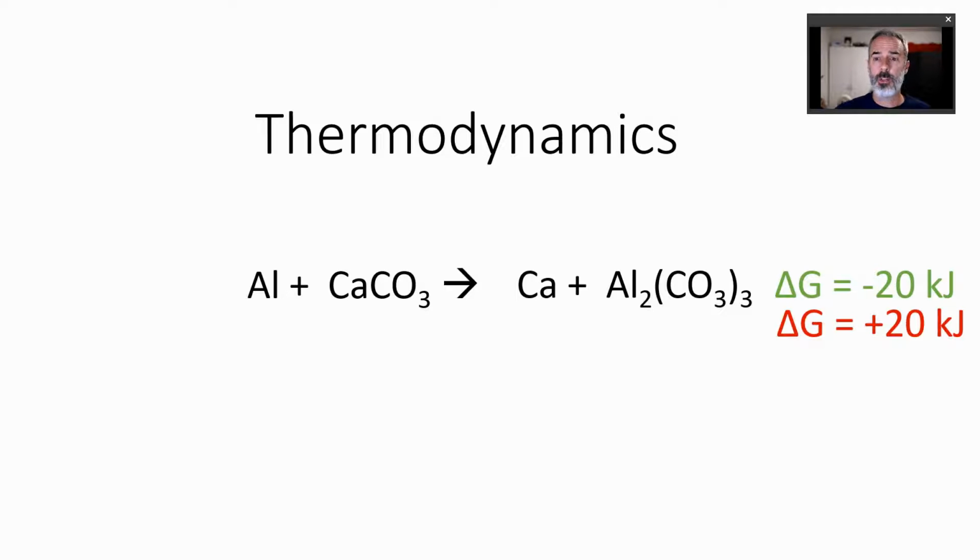So yes, we can go into lab and do it. But if delta G turns out to be positive, and of course the more positive that number is, then there's really no point in going into lab. It's not going to work unless we put a lot of energy into it. So that's the culminating goal here: being able to predict if reactions will occur in a natural and spontaneous way. It can save you a lot of time in lab if you know the answer to that.